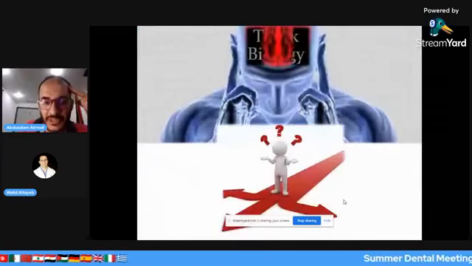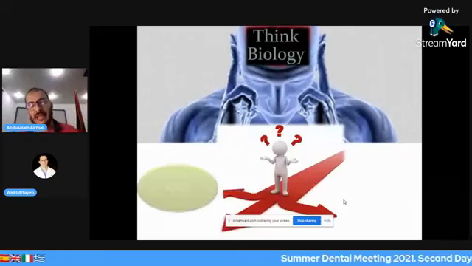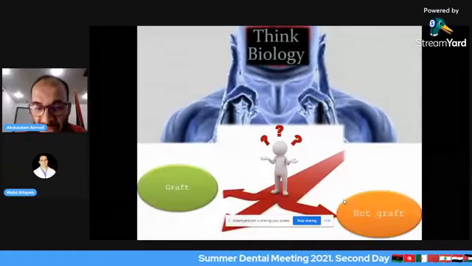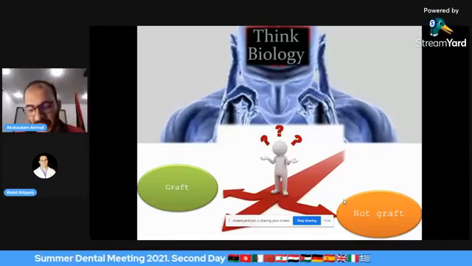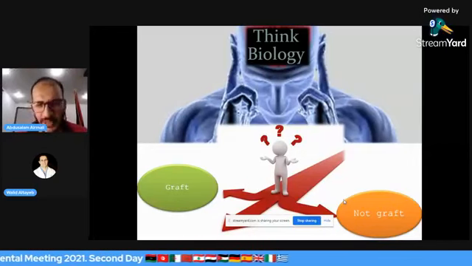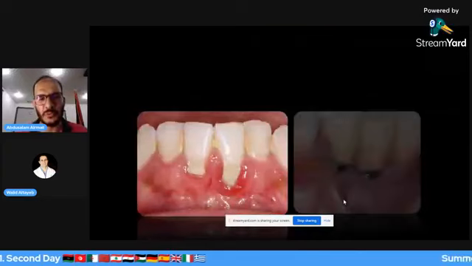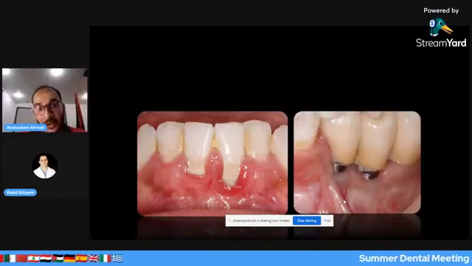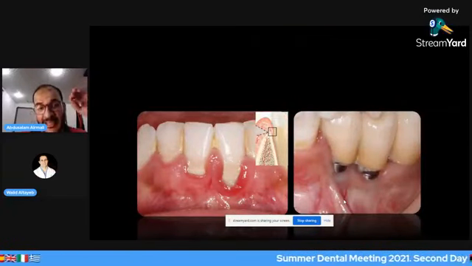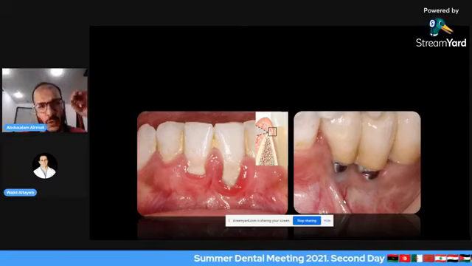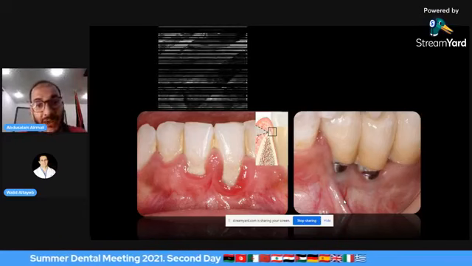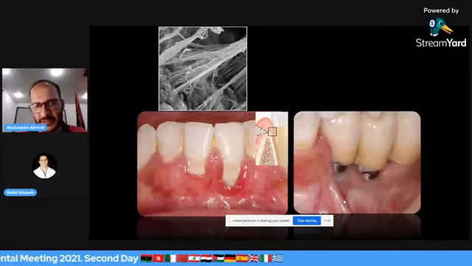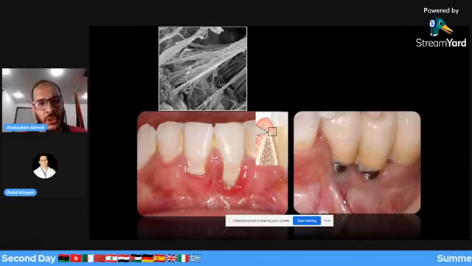So you have to think in those cases about when to use a free gingival graft and when to use a connective tissue graft. Two dilemmas, two differences between both. And you have to bear in mind that the gingiva and soft tissue around teeth is completely different from around implants, because sometimes teeth can survive without any keratinization if the patient can maintain oral hygiene.